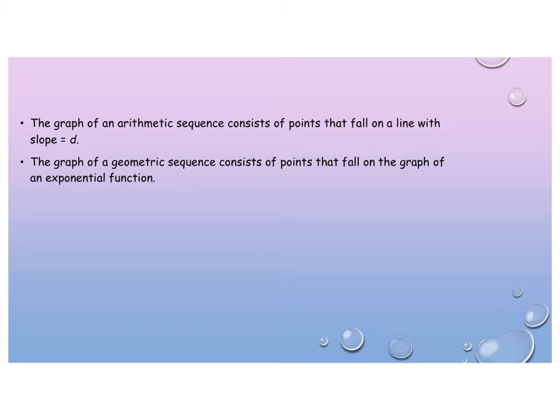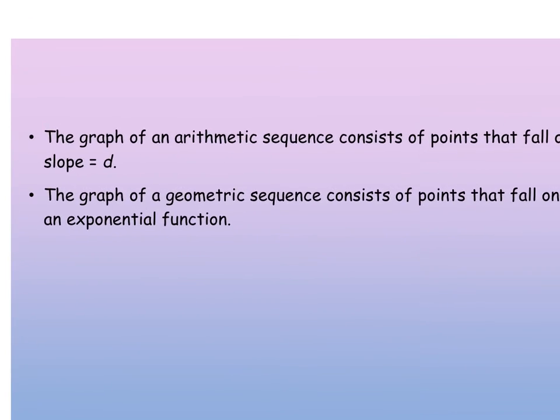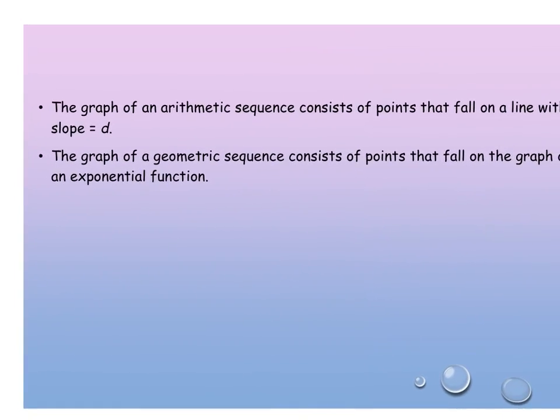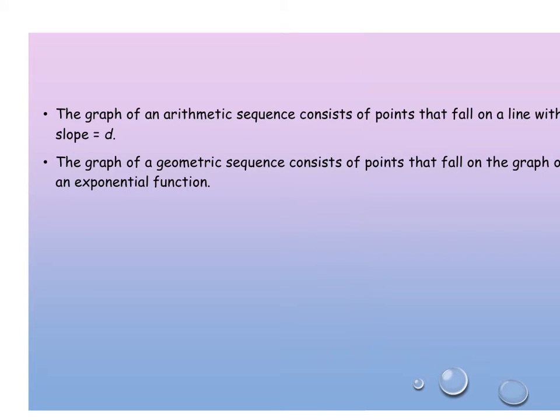All right, the graph of an arithmetic sequence consists of points that fall on a line with a slope d. Okay, so if this is my term number 1, so n, right? 2, 3, 4, 5, 6, etc. This would be the value that a sub n takes on.